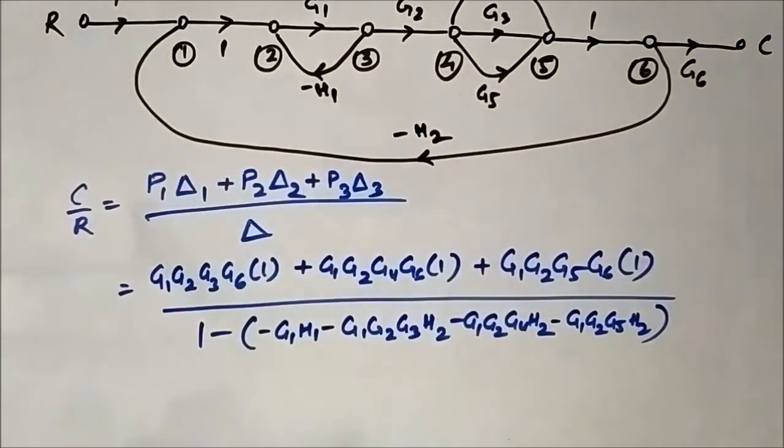Here I am explaining a lot, that's why it's taking so much time, but if you practice more and more, it can be completed in 10 to 12 minutes, maximum 15 minutes. You just have to be quick to identify the loops, the forward paths, and whether they are touching or not. The more you practice, the more it will come to you.